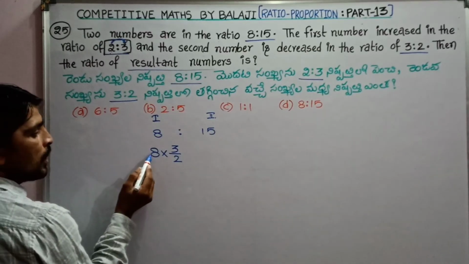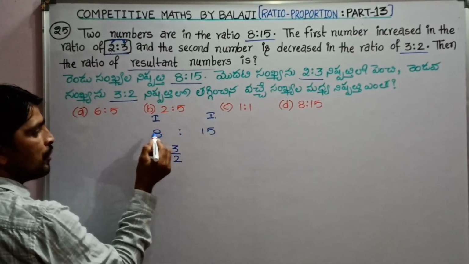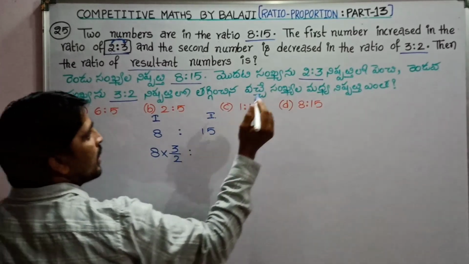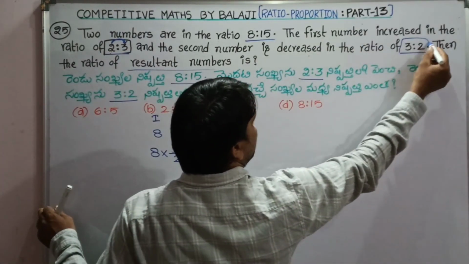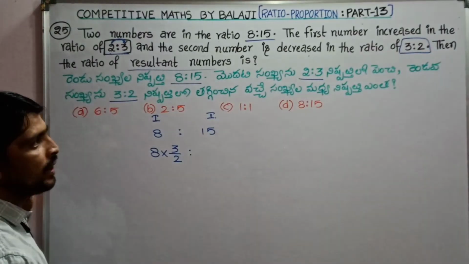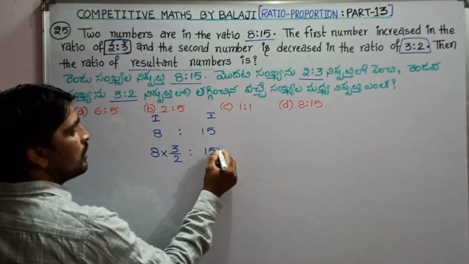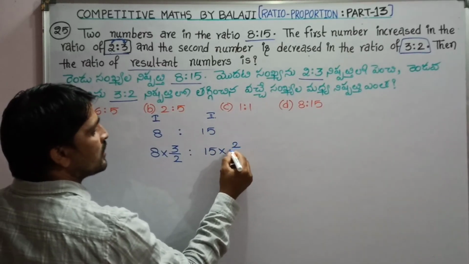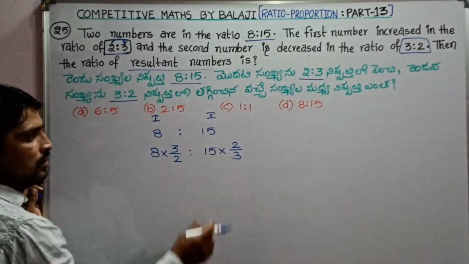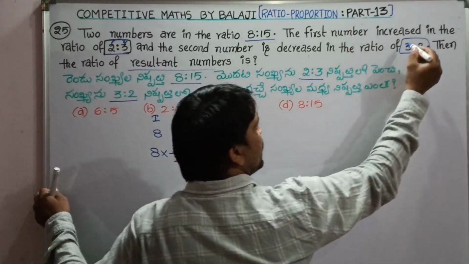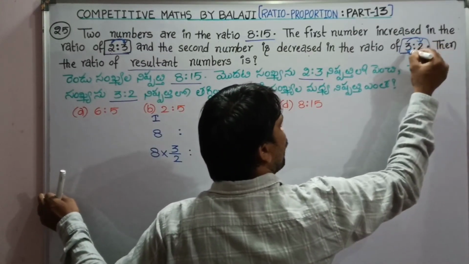Similarly, the second number is decreased in the ratio 3 is to 2. That is, the new number becomes 2 by 3 times 15, as it is decreased by 1 unit over 3.